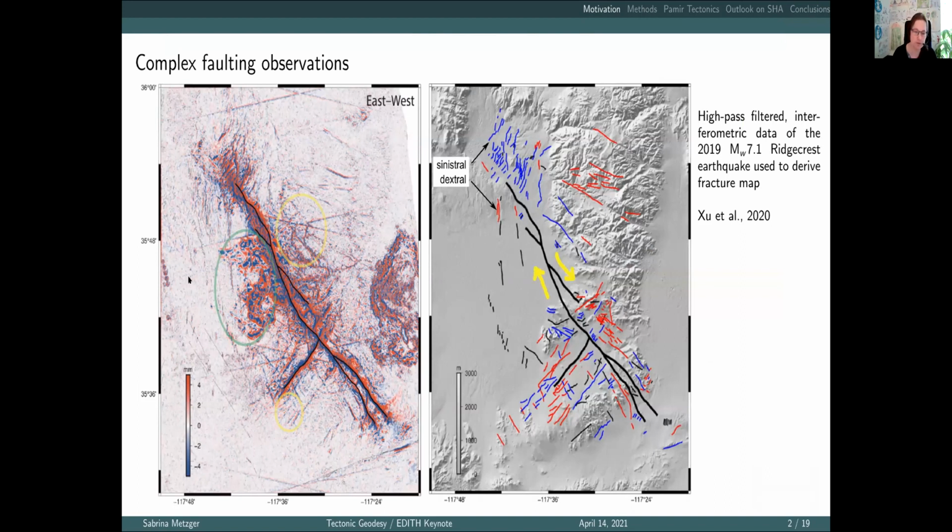It's a co-seismic interferogram which was high-pass filtered, and by doing so you can really highlight fractures and ruptures and then easily digitize that to obtain a fault or a fracture map from this particular earthquake, also with an immediate idea of the slip sense of the fractures or the faults. So this is a really quick and cheap way to do field work in your office and get an idea about what has fractured or ruptured.